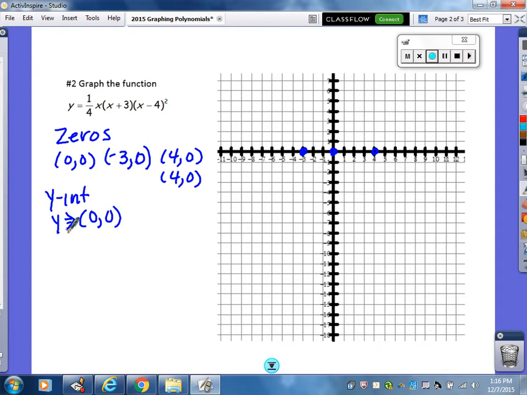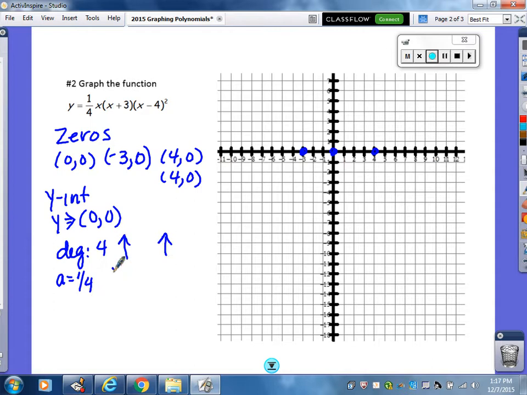Okay. All right, in behavior, this has a degree of what? 1, 2, 3, 4. Degree 4. So I know my behavior is either up, up, or down, down. So A is positive. A is 1/4. So that means my end behavior is going to be up, up.